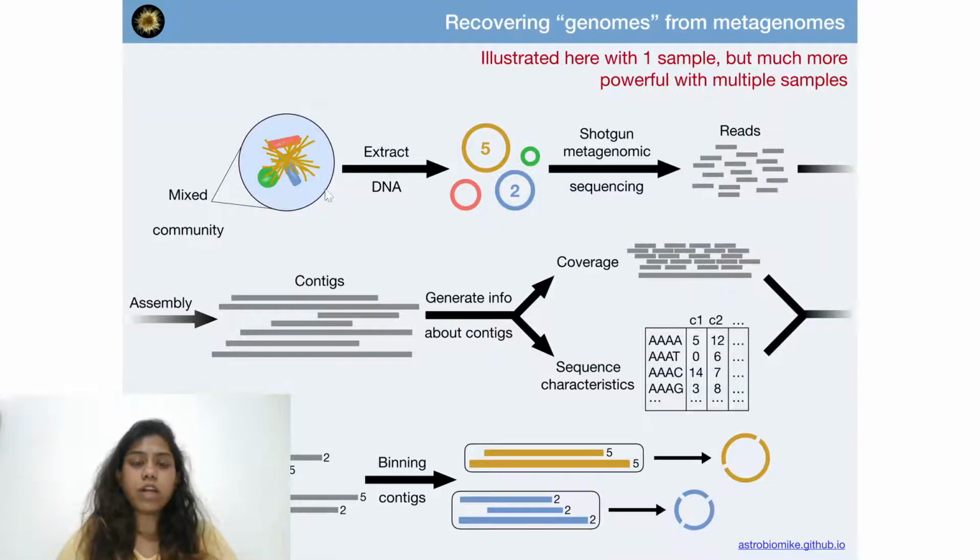So this is how the assembly works. This is the same for metagenomic sequencing or metatranscriptomic sequencing. Here we have a mixed community. We have the genomic or transcriptomic information from all of them. We either extract DNA or RNA, and then we do this sequencing as described previously, like next generation sequencing using the Illumina platform and so on.